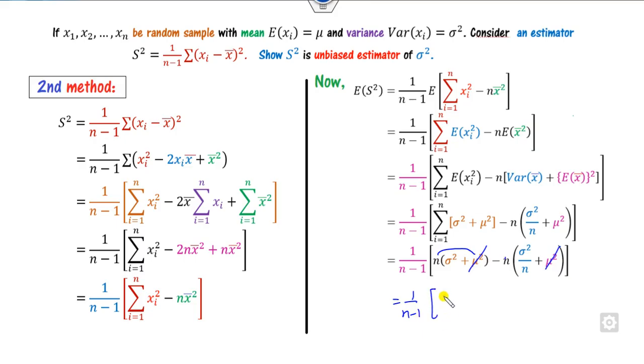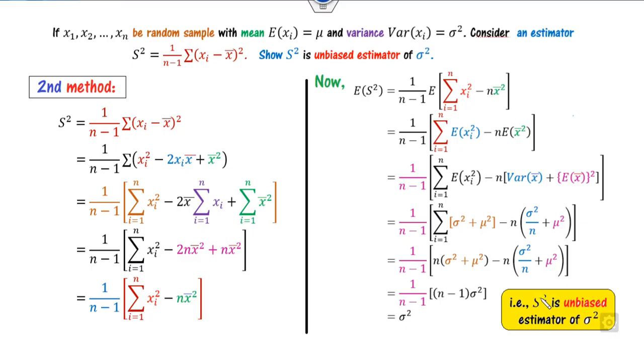N minus 1 of sigma square. Now you can see n minus 1 cancels out, so it will be sigma square. What is the meaning of that? E of S square is nothing but sigma square. This implies that S square is my unbiased estimator of sigma square.